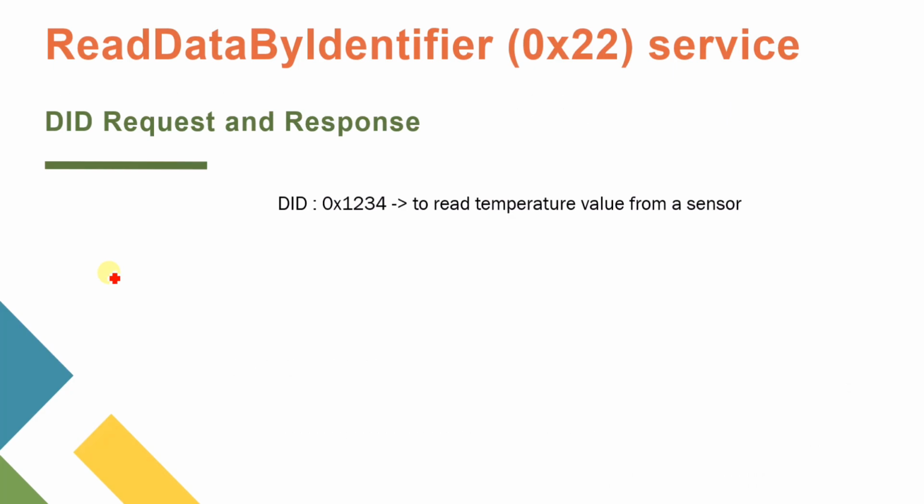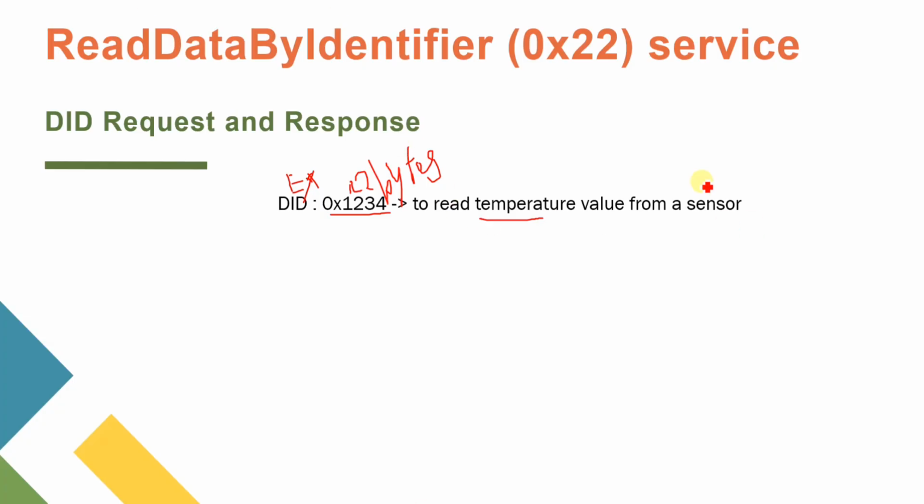So we'll see one example. It is just an example. Suppose we have configured one DID number, 0x1234. It has 2 bytes. The standard DID size is always 2 bytes. I have configured 1234 as a DID number, a 2-byte DID number, to read the temperature value from my sensor. It is already configured, and that software will be flashed.